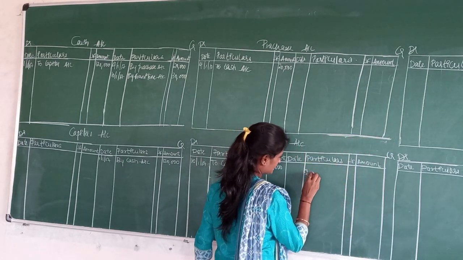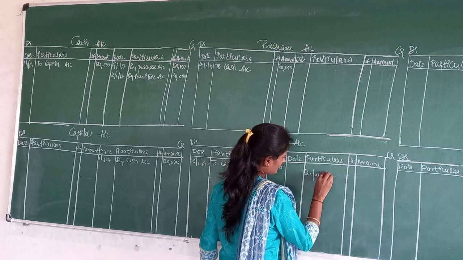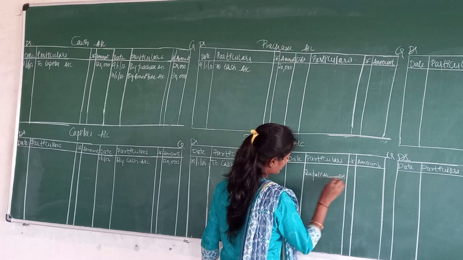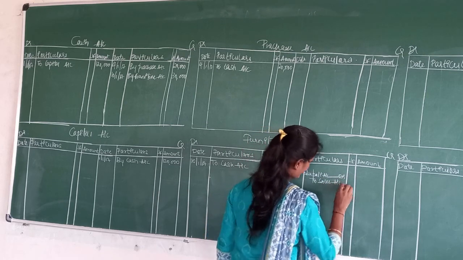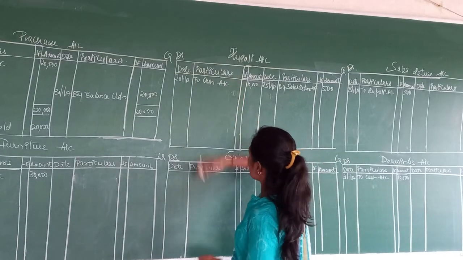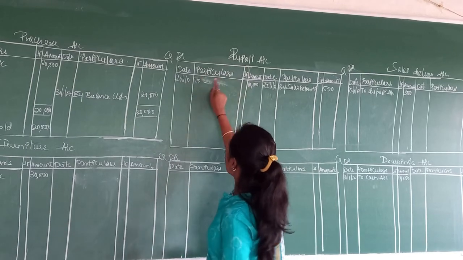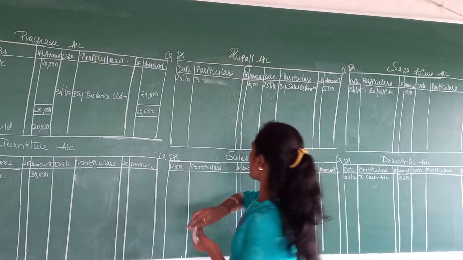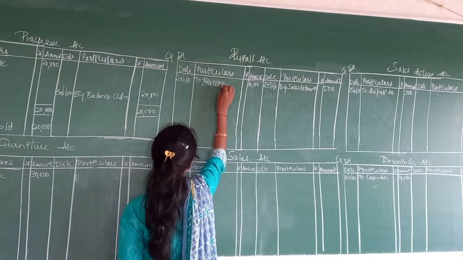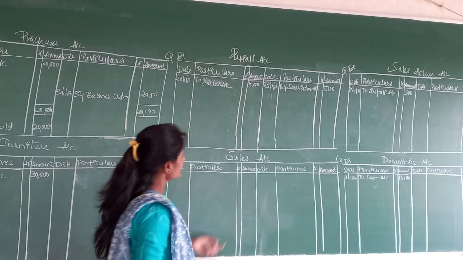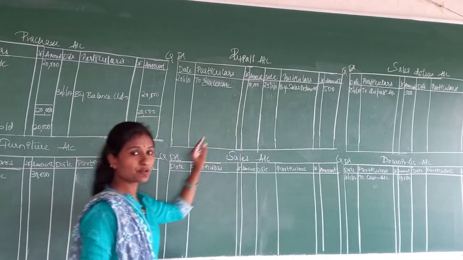Rupali account debtor to sales account. On the 20th, as I told you, that is Rupali account debtor to sales account. On the 20th we need to write to sales account here, amount is 10,000, and in the sales account we need to write Rupali account, which side?